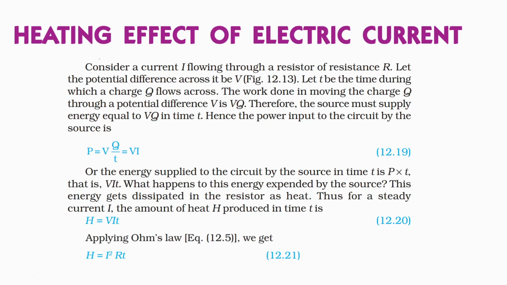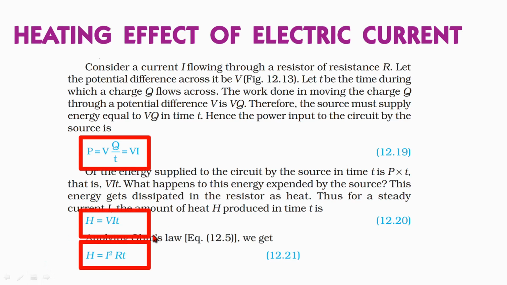This is the heating effect: the energy is converted into heat. So for a steady current I, the amount of heat H produced in time T is H equal to VIT. Heat energy is equal to power into time, power is equal to V into I, and applying Ohm's law, V is equal to IR, so the equation becomes I square RT.